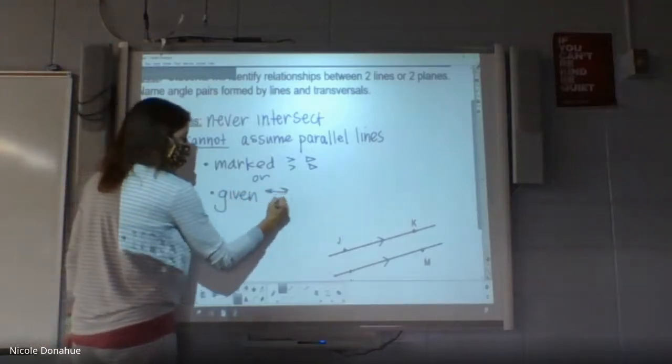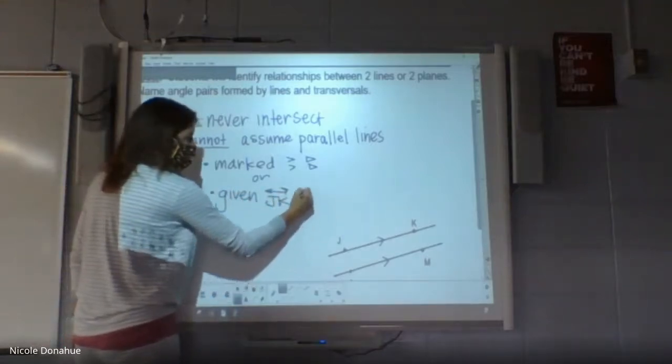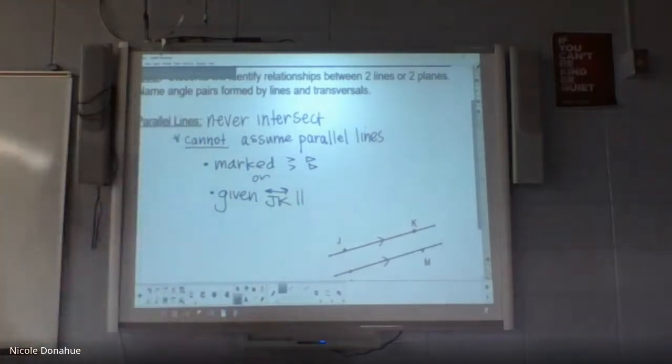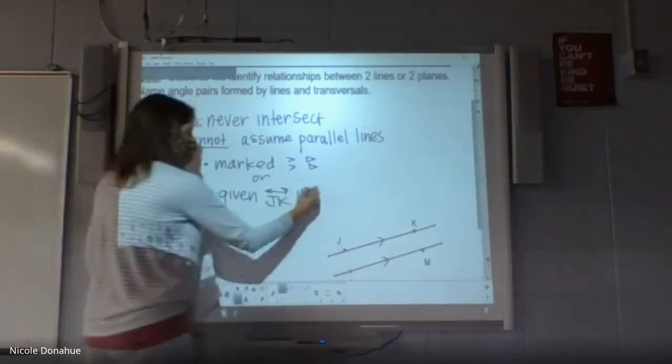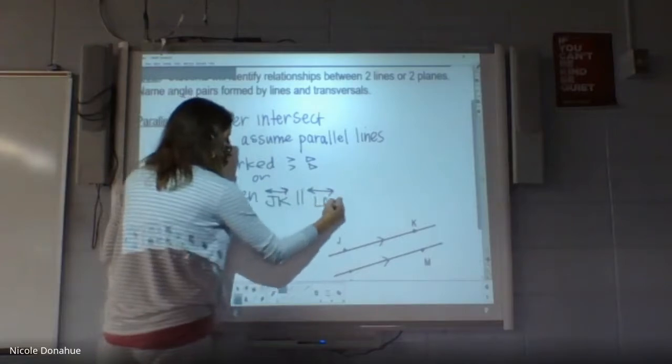And so JK, and we use two straight up and down lines, parallel to LM.